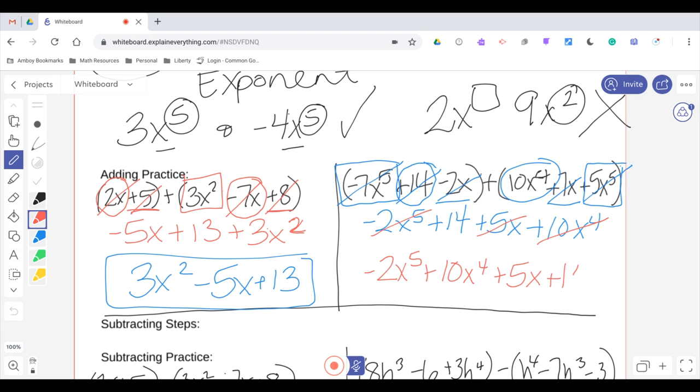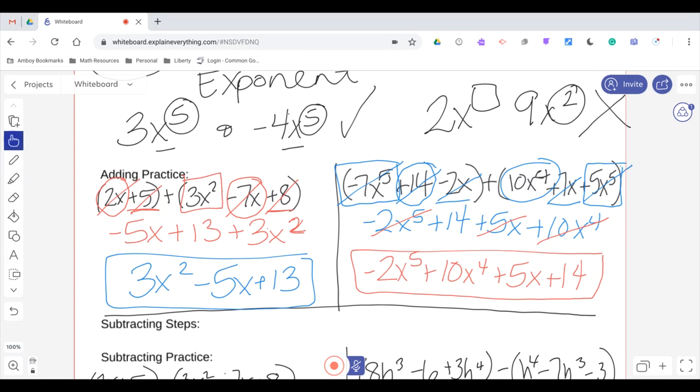And then I end with 14. Okay. So that is adding. The reason we call that specifically adding polynomials is because in between the two parentheses was a plus sign. Now we're going to talk about subtracting.